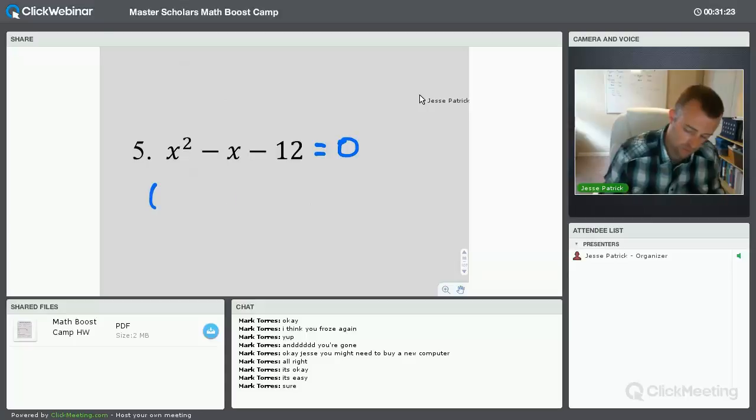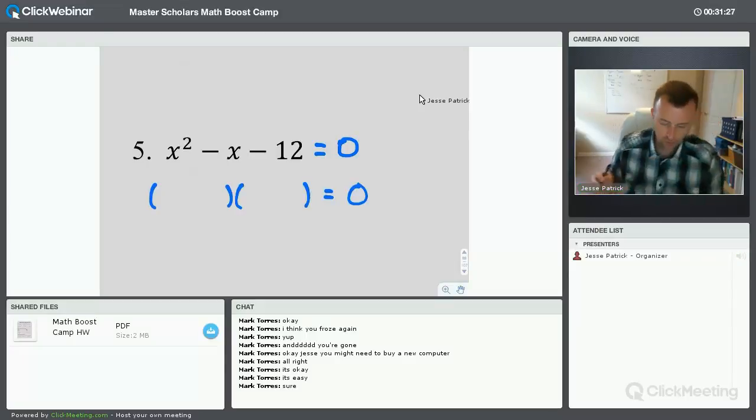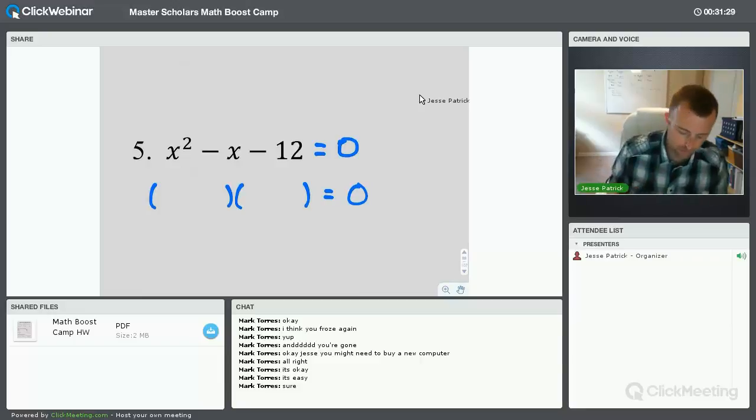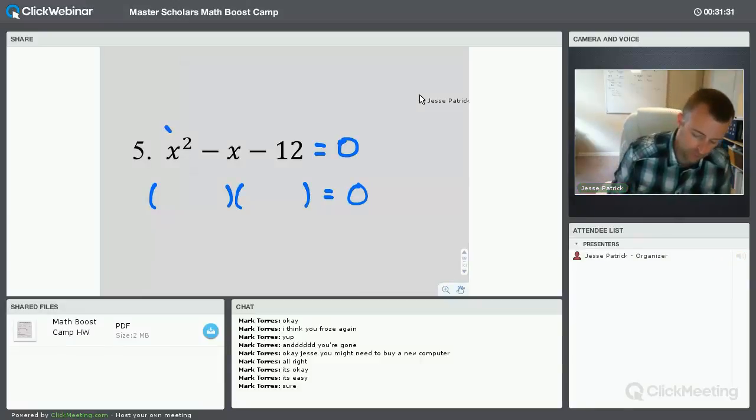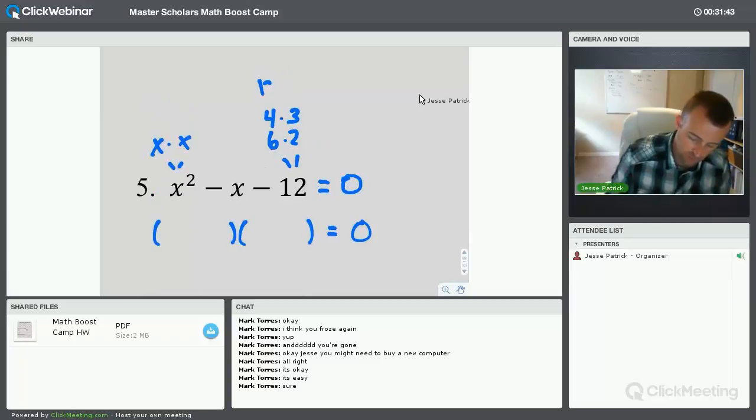What you're going to do is set up 2 binomials. The way I factor, I do it a little differently than most people do. I ask what 2 numbers multiply to give you x squared? Well, that's x and x. And then I ask what numbers multiply to give me 12? There's a few. We have 4 times 3, 6 times 2, and also 12 times 1.